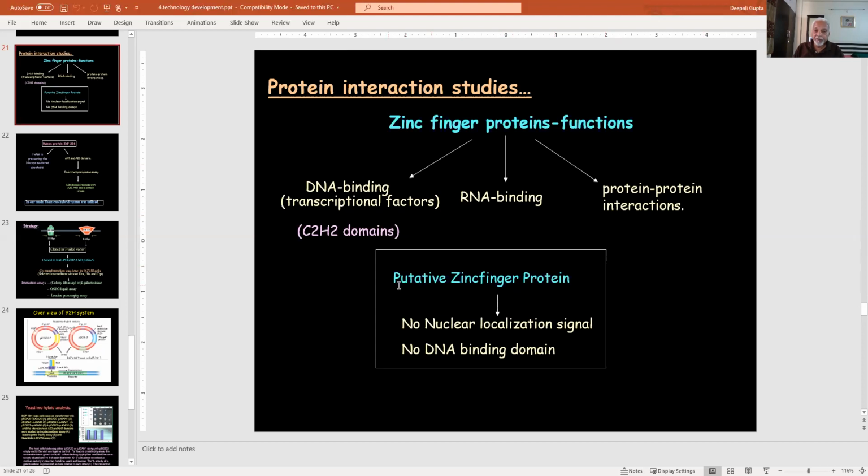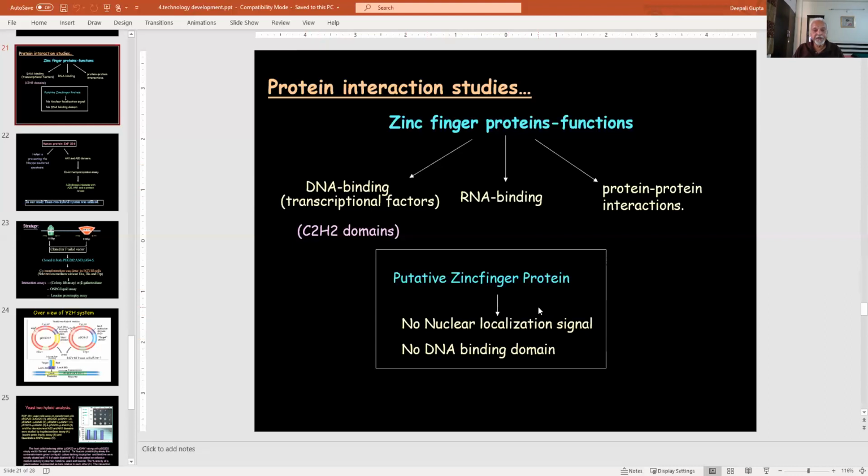Now, when we looked at the gene sequence, there is no nuclear localization signal, and there are no DNA binding domains. These two observations told us that it is probably a cytosolic protein, but that contradicted the concept of zinc finger proteins being transcription factors and nuclear proteins, since it had neither a nuclear localization signal nor a DNA binding domain.